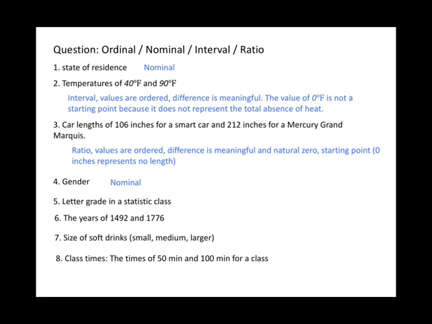So you know you can get a grade A, B, C, D, and F, right? And they do have a natural ordering. So that is ordinal. Okay, the years, we just talked about it. We know this is going to be interval. Size of soft drinks: small, medium, large, they have a natural ordering. So we call this ordinal.